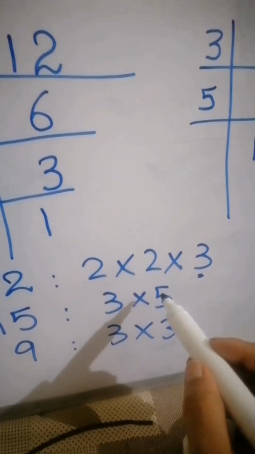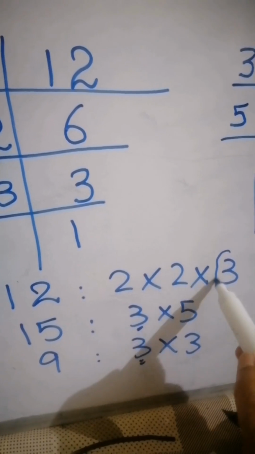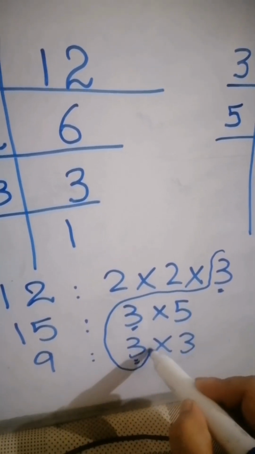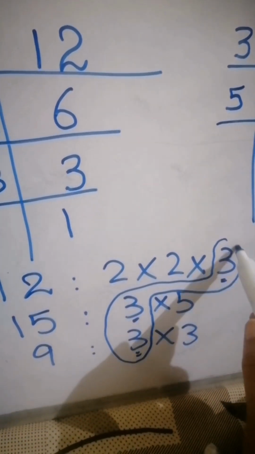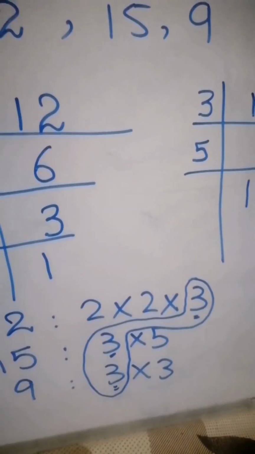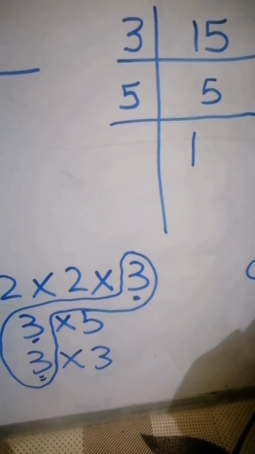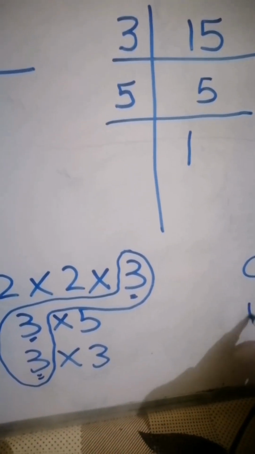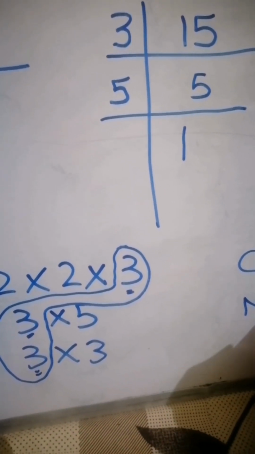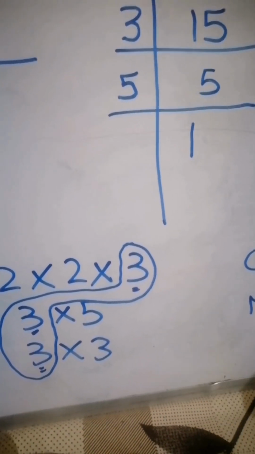From here you can see that this 3 and 3 is common throughout. So we'll make a circle of the common numbers and we'll write here that common factor is equal to 3.